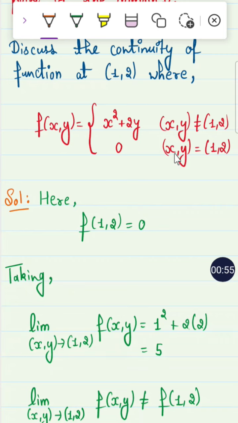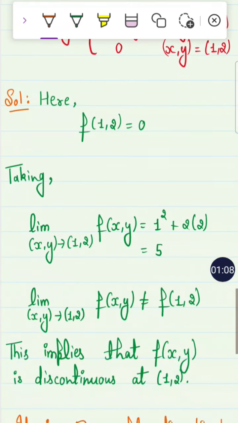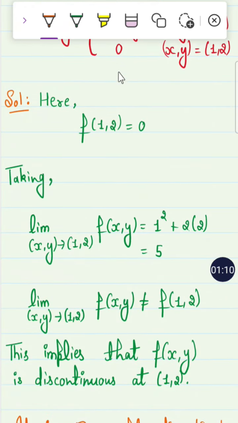As we know, at (x, y) equal to (1, 2) the function's value is 0. Now, for the function x square plus 2y, we have to find its limit at (1, 2).